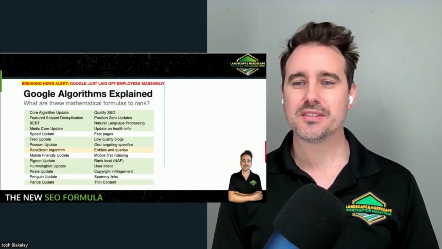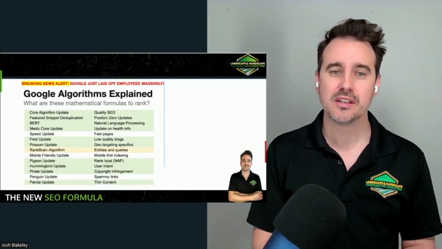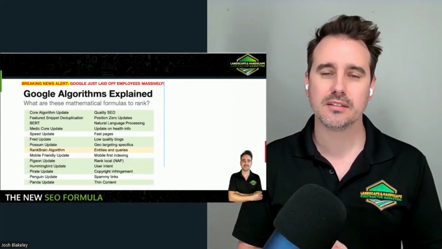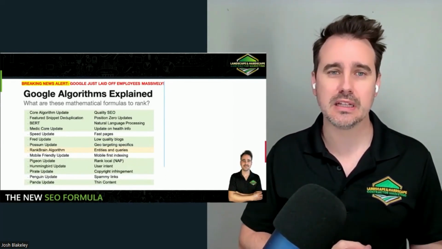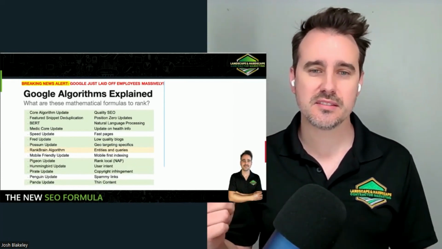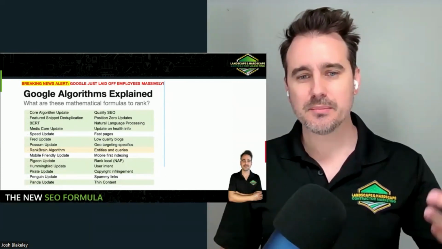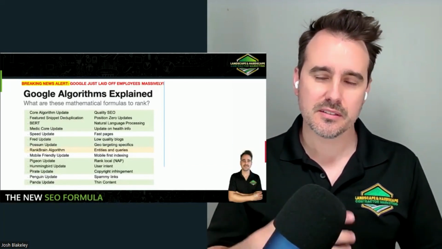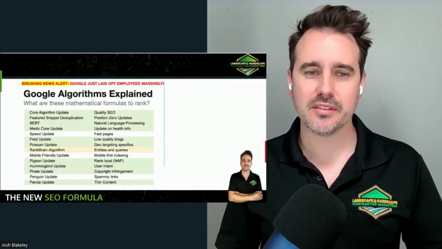Okay. Now, these are just some of the key aspects of what's involved in the Google algorithm. But Google has been changing things a lot. A lot of people were laid off over the last year or so. AI is changing things. Google is testing things out that way. But you can see some of the things there that they're really targeting. One of them is the blog, the content writing side of things.